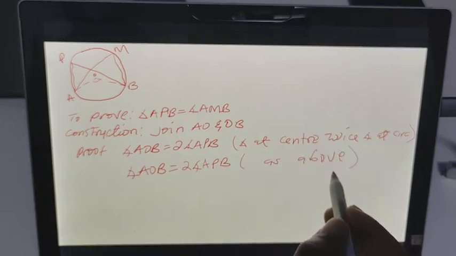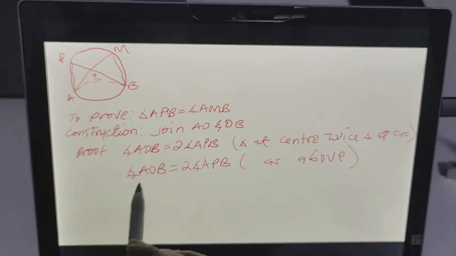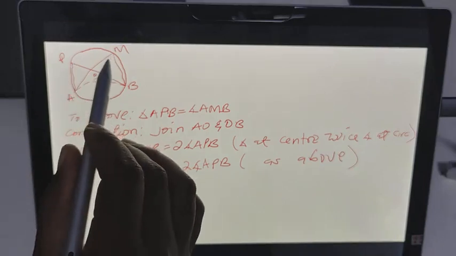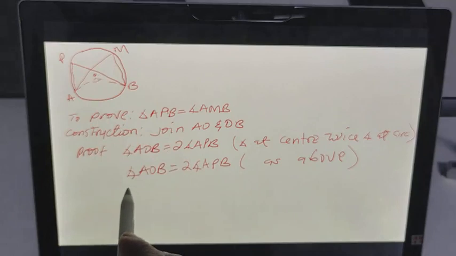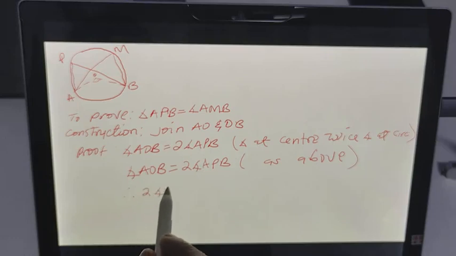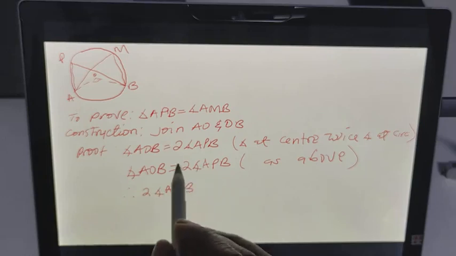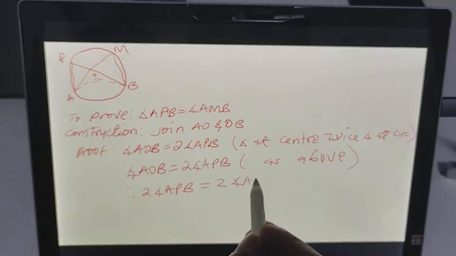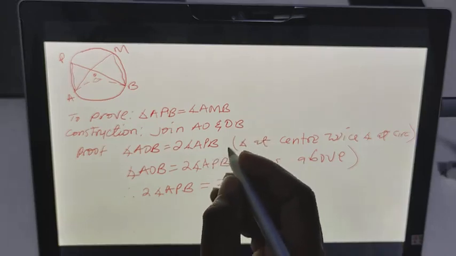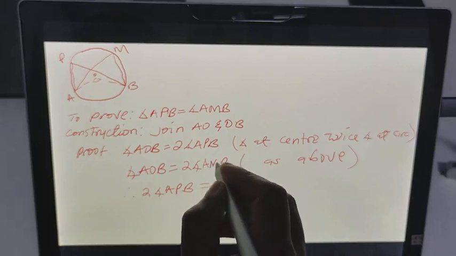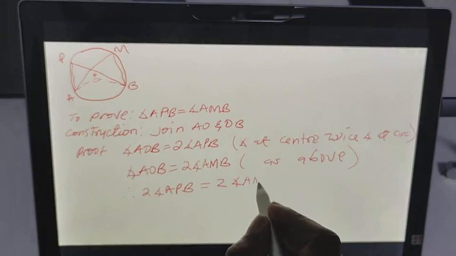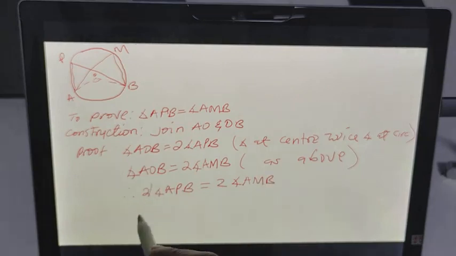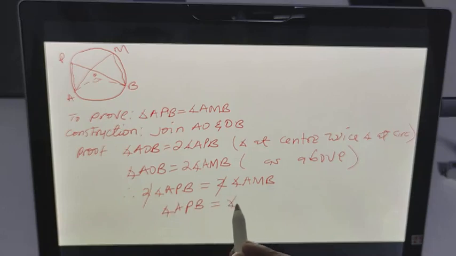Since this angle is twice the angle at the circumference, and that angle is also twice the angle at the circumference, therefore 2 angle APB is equal to twice angle AMB. Right here it has to be M. So dividing by 2, you remain with angle APB equal to angle AMB.